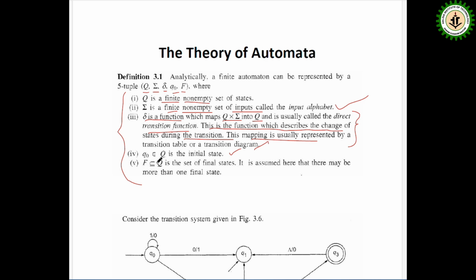F is the set of final states, a subset of Q. Subset of Q means it is possible to have many final states. In a machine, there could be one or more final states. So the set of final states is a subset of Q. It is assumed that there may be more than one final state.